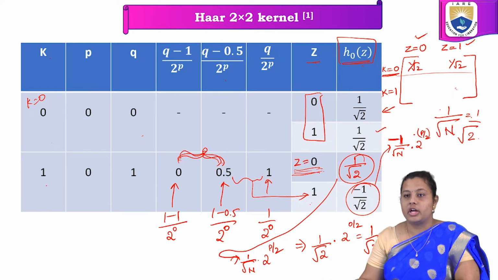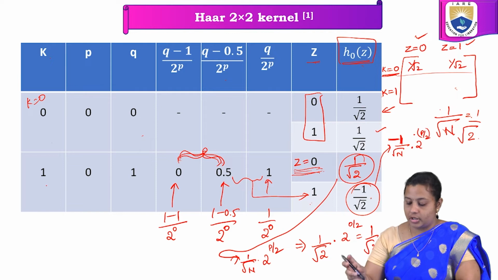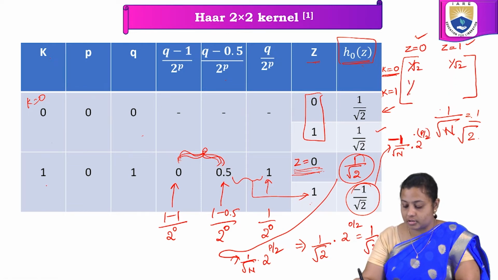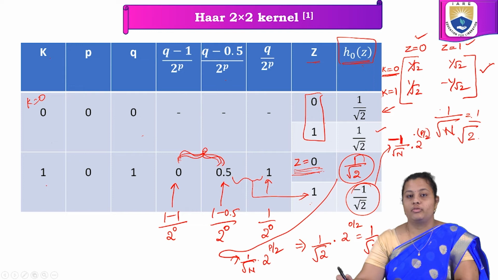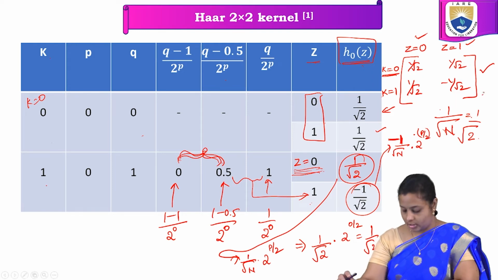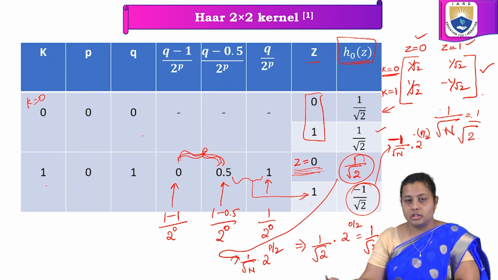So when we try to calculate the coefficient value, we get this as minus 1 by square root of 2. Right? So let me replace it here. So I get it as 1 by square root of 2, and minus 1 by the square root of 2. So this is the Haar transform function for order n equal to 2. Right? So this is very easy to calculate.